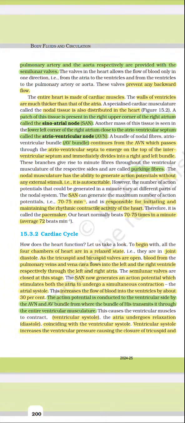A bundle of nodal fibers, the atrioventricular bundle, AV bundle, continues from the AV node, passes through the atrioventricular septa to emerge on the top of the interventricular septum, and immediately divides into right and left bundles.